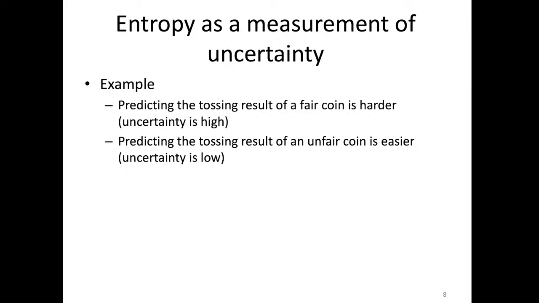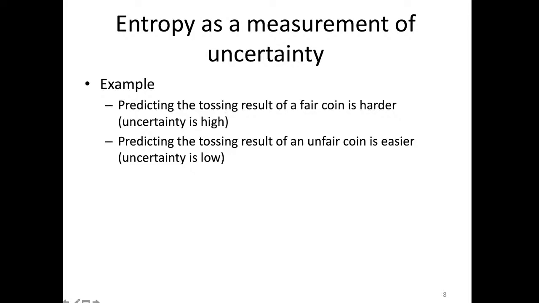So now we said that entropy is the expected amount of information. And we also said that if a certain thing is more likely to happen, then it gives you a smaller amount of information. So in these two cases, case number one, the uncertainty is high, so it has a higher entropy.